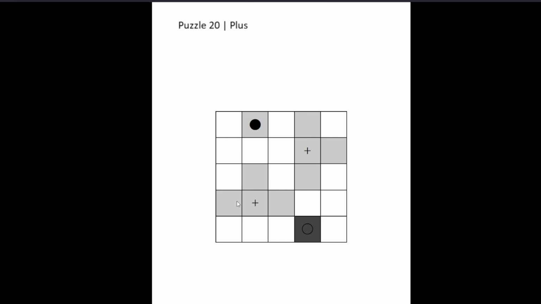This is a completely identical puzzle to the other thing, just rotated 180 degrees and with the colors flipped, right?